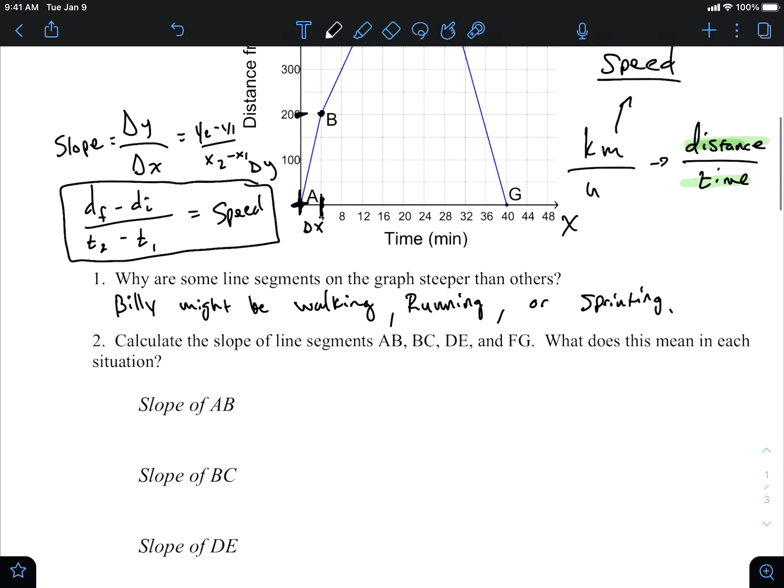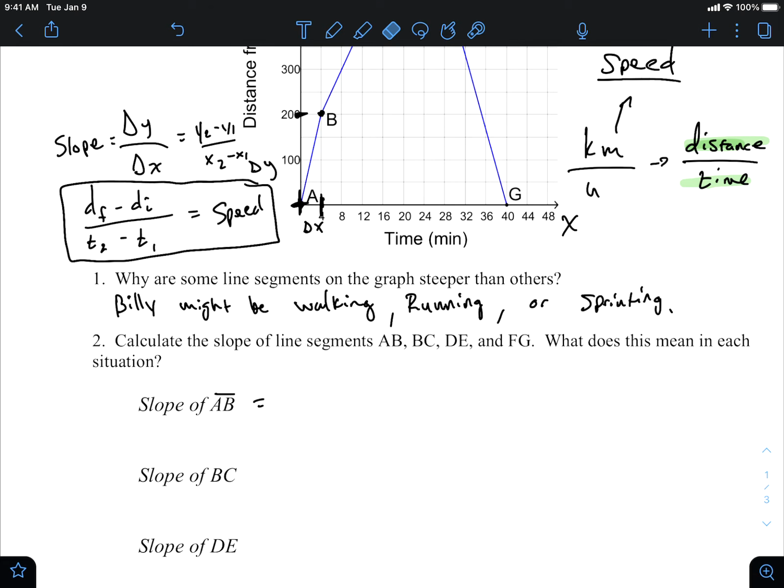Slope of AB. Remember, a line segment is denoted with a point A and a point B, and there's a line segment between them if we connect them. So we could take y2 minus y1 over, actually, you know what? Let's not do y's.